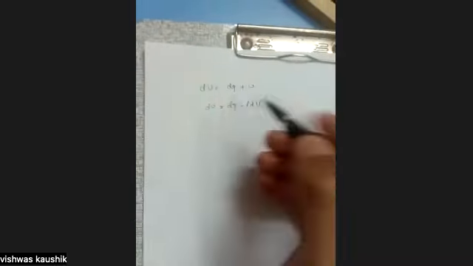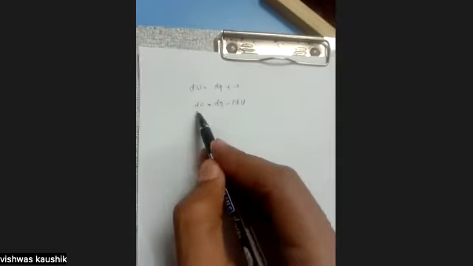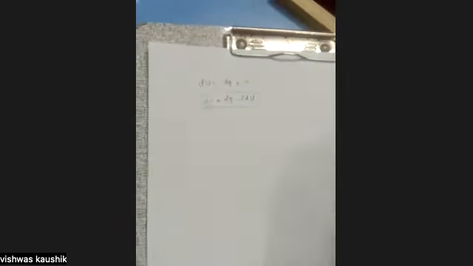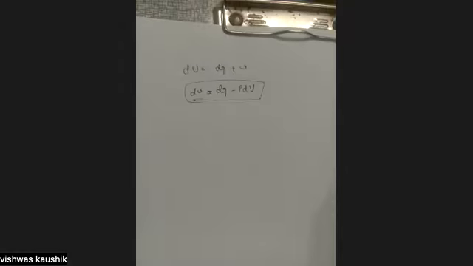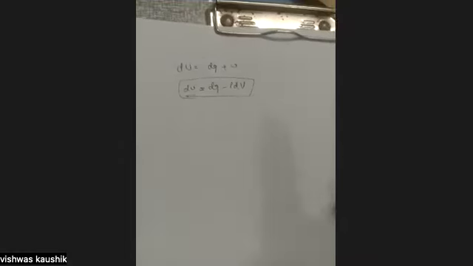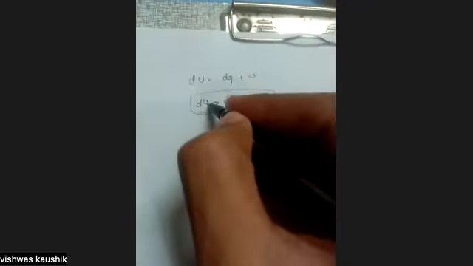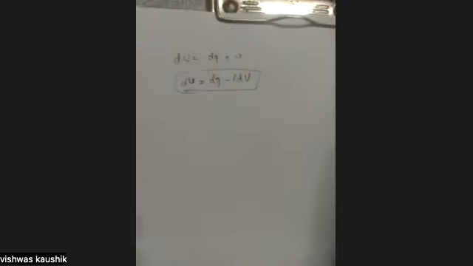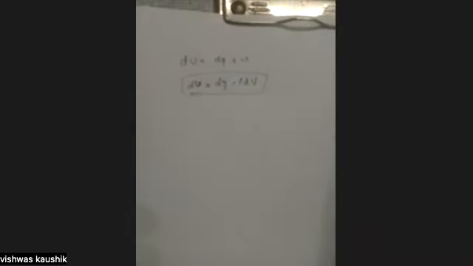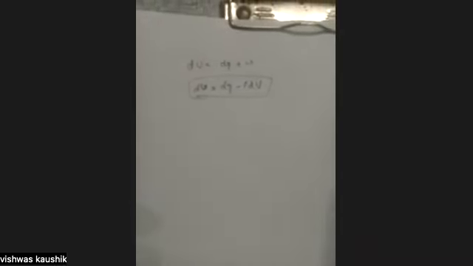So if the process is isobaric, then dU will be equal to dQ minus PdV, sir. I think this will be the relation, sir.